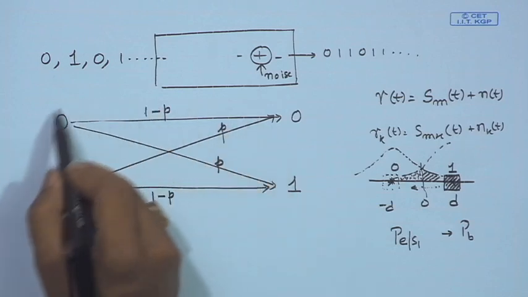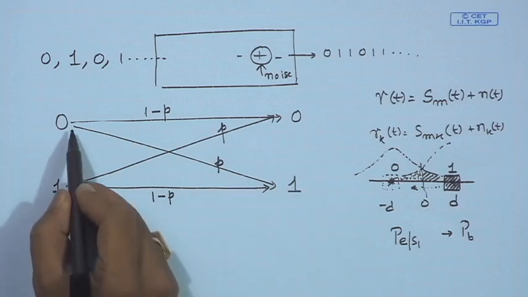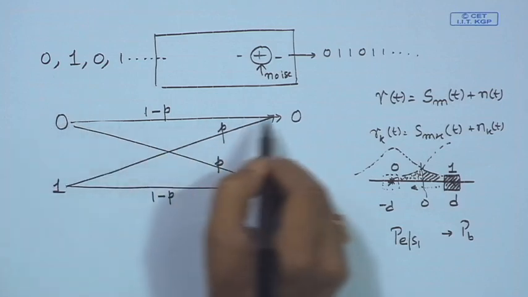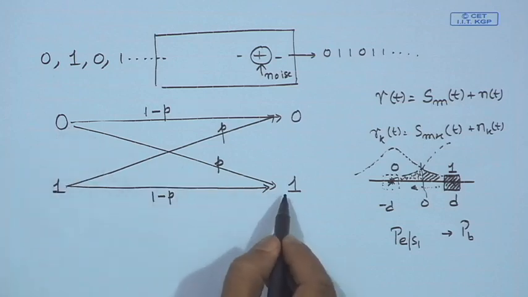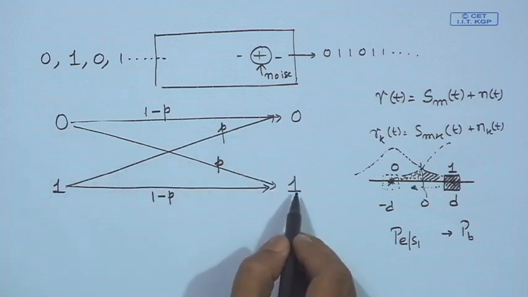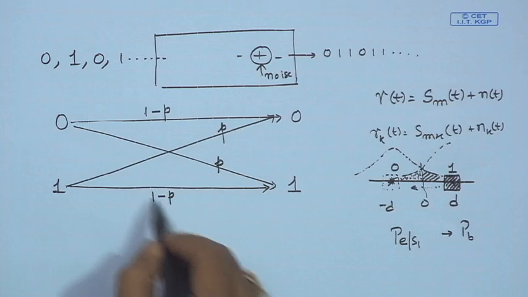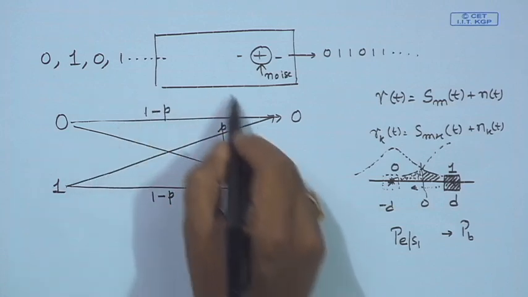So, now we have the situation which maps a 0 to 0 and 0 to 1 and a 1 to 0 and a 1 to 1. These provide the transition probability values.